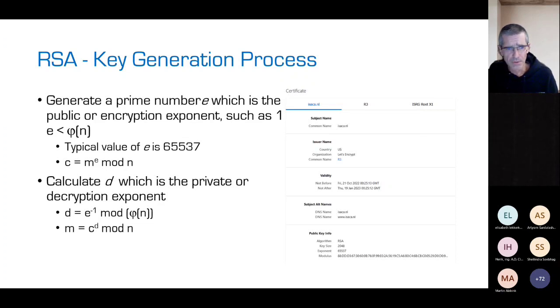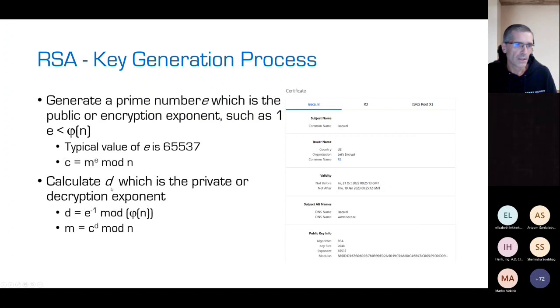Now, if we want to decrypt information, our clear text message M is equal to the encrypted information, the one that we calculated here, to the power D, where D is our decryption exponent, mod N, which is the modulus we can find in the certificate.